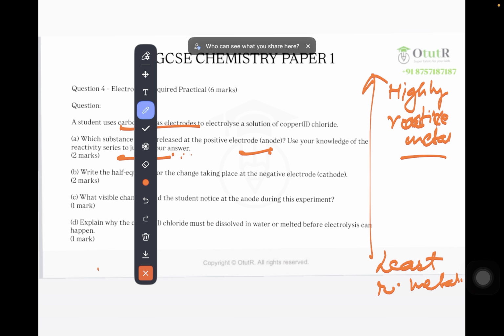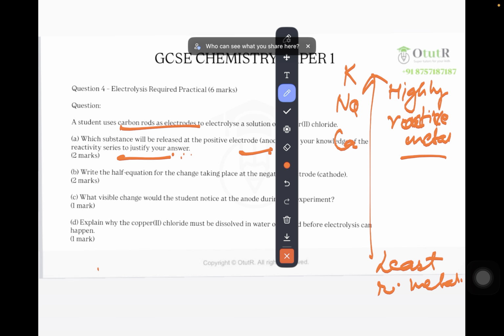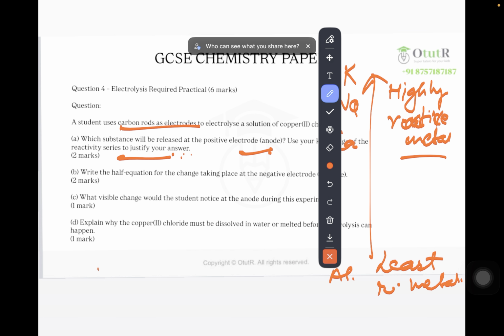Highly reactive, we have potassium, sodium, calcium. Least reactive, we have aluminium and others.